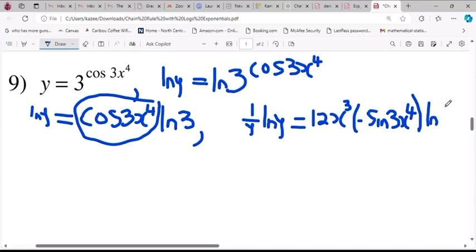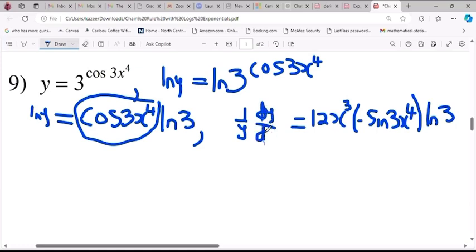And all I'm going to be looking for now is dy/dx. Differentiating ln y is supposed to be 1 over y, dy/dx. Sorry about that, that was a slip of tongue.